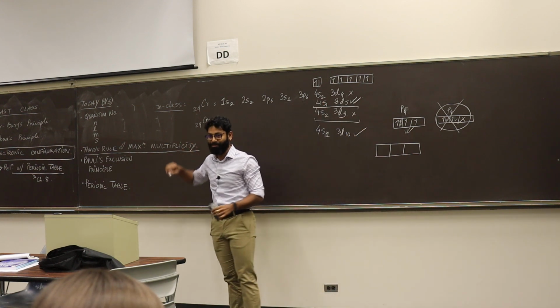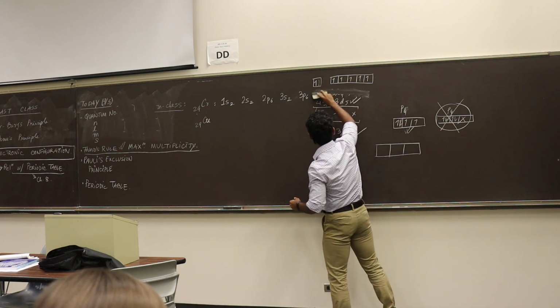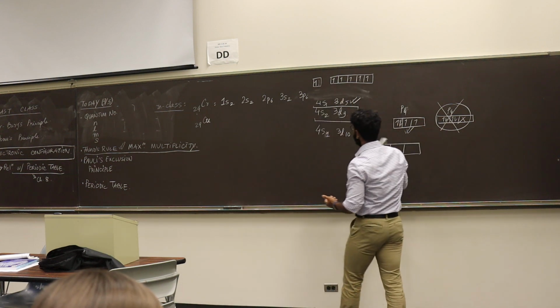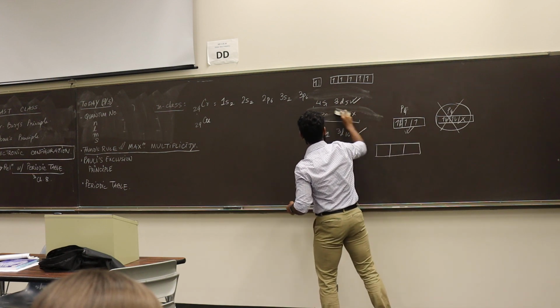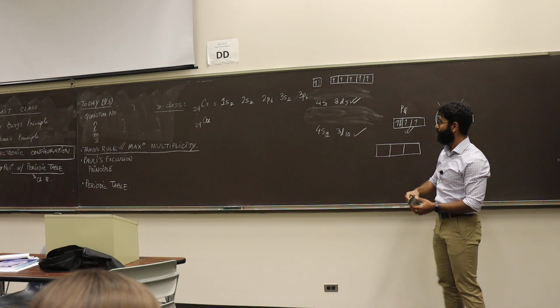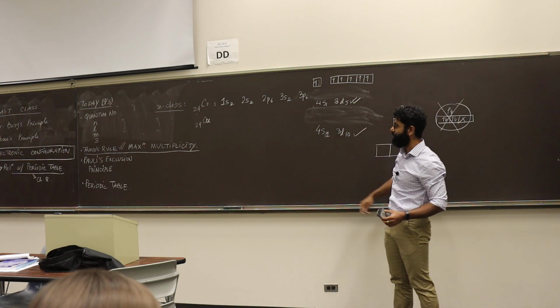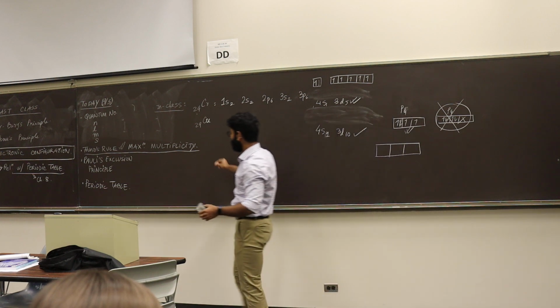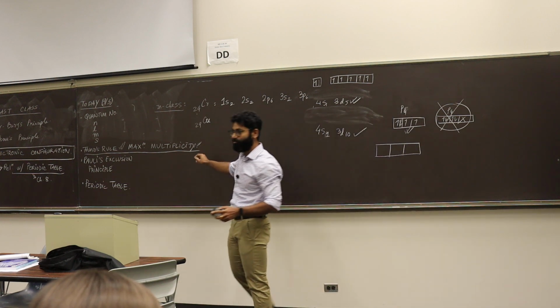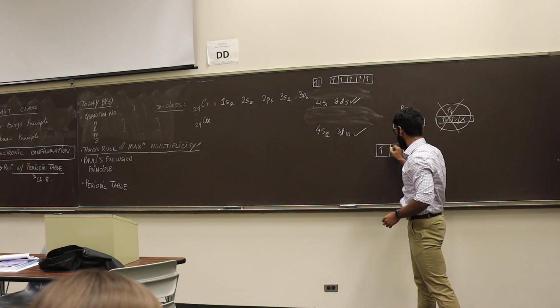rule of maximum multiplicity actually applies for electrons. So this one is incorrect, and this one is incorrect. For copper, it becomes 4s1 3d10, and this becomes 4s1 3d5 because of this maximum multiplicity rule, which tells you to fill in this order.